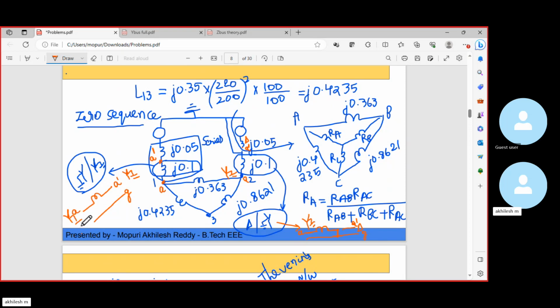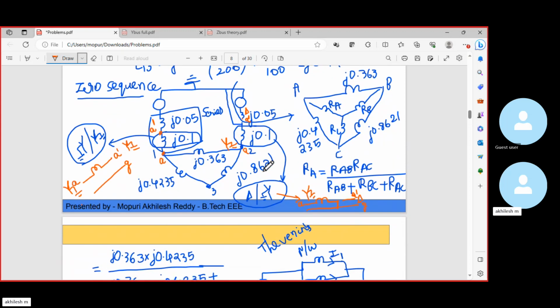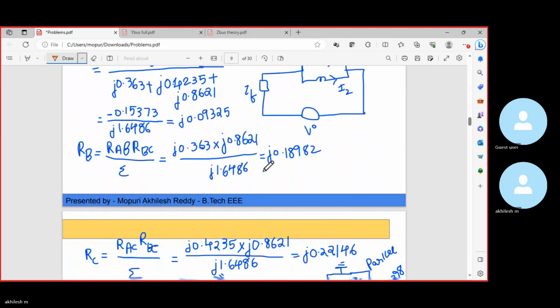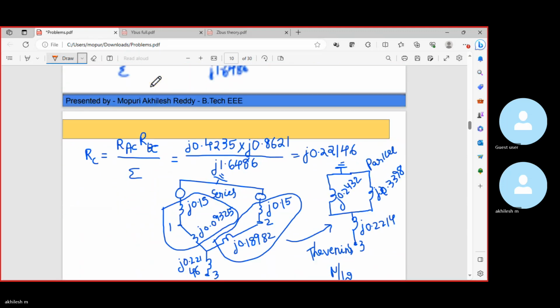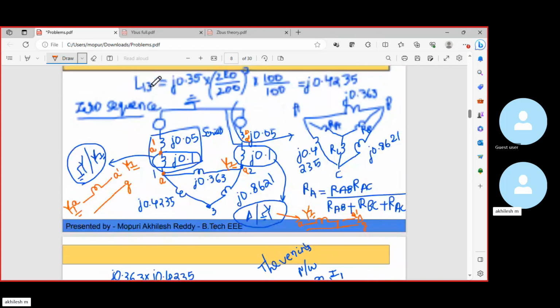So when this is the case, what is the change in the equivalent value we will be getting? Only we need to change this J.15 to J.1. So let us change here. Here alone J.15 should be replaced with J.1.